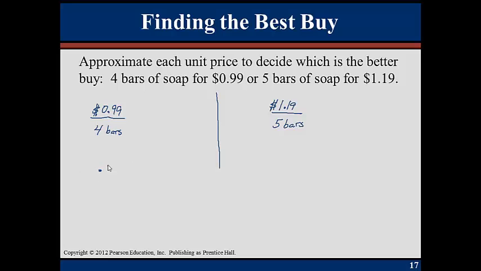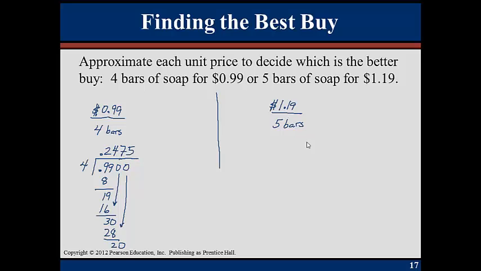So we're going to have 99 cents divided by 4, and we get 0.2475.